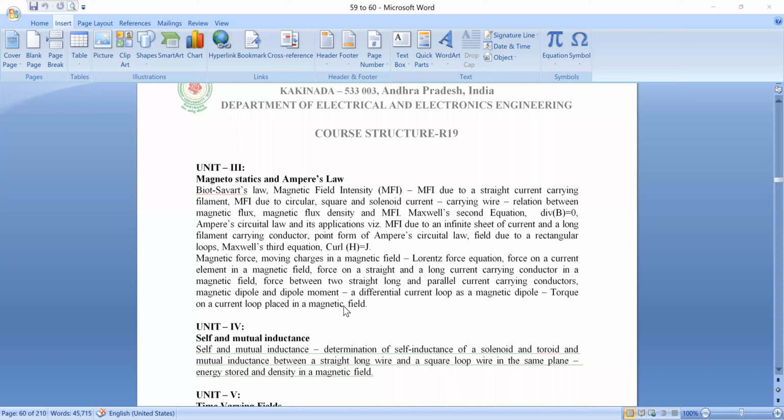That's why to create a magnetic field, there is no need for a magnet. Just a current carrying conductor behaves as a magnet, and around that conductor, a magnetic field is developed. That is a very important point. You have to remember it for the entire paper.